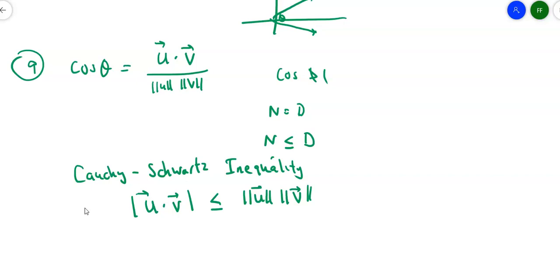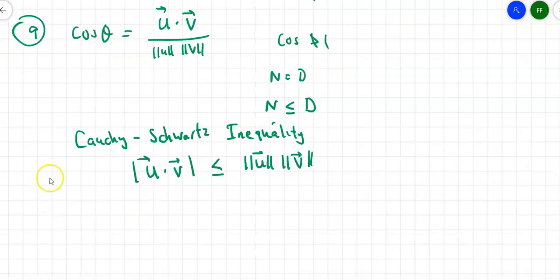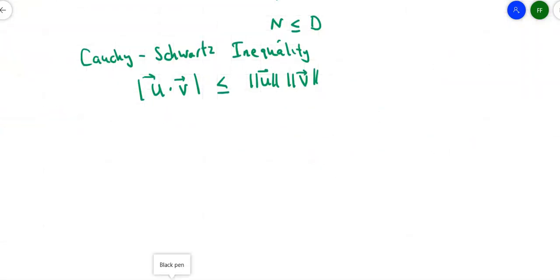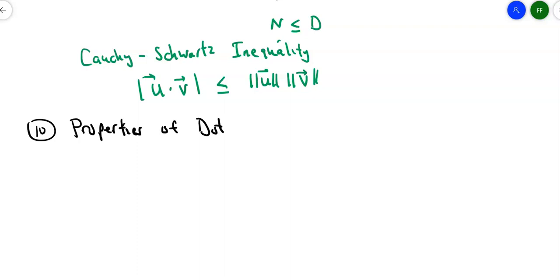A couple of things about dot products that are kind of interesting. You can look through the whole list of properties of dot products in the textbook, but there's a couple that I want to highlight. So some properties of dot products. Doesn't matter what order you do them in.